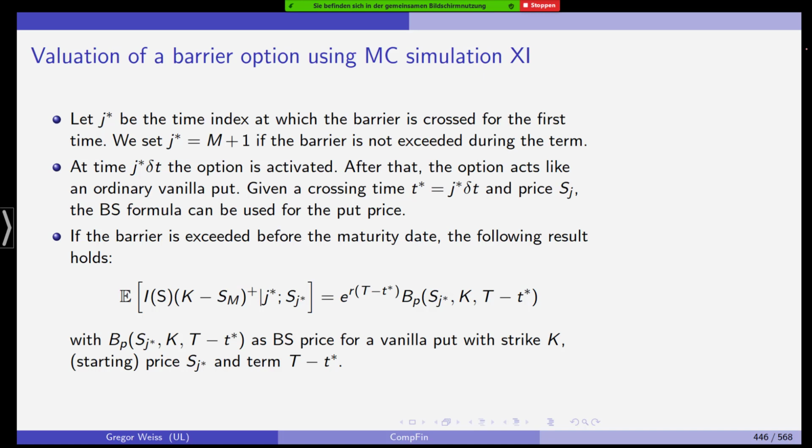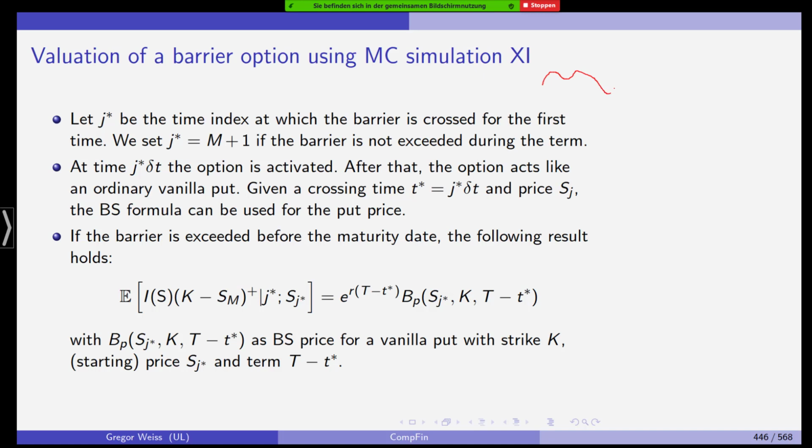But at time J star times delta t, it's knocked in, the option is activated, and after that, the down and in option is nothing but an ordinary vanilla put. So if you're given the crossing time, T star, J star times delta t, and the then current underlying price, you can use the Black-Scholes formula afterwards, meaning what?